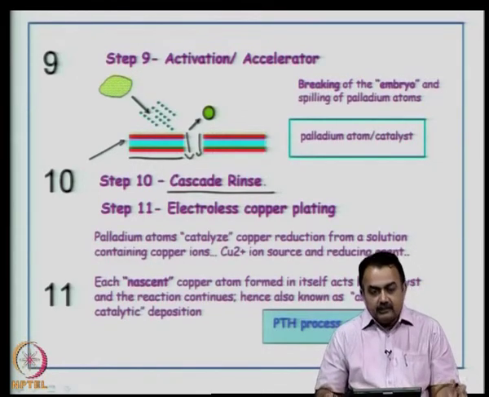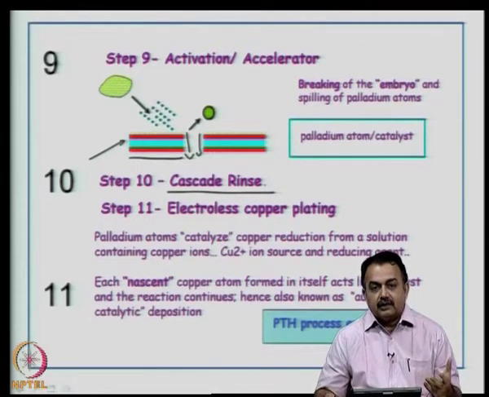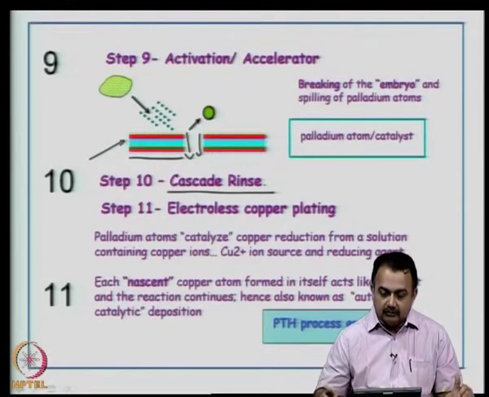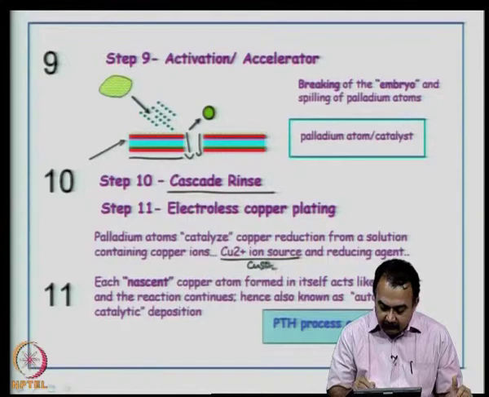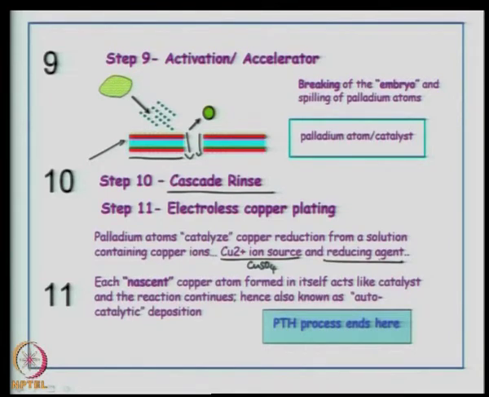Now, these palladium atoms will catalyze a copper reduction process from a solution containing copper 2+ ions like a copper sulphate solution. Then you have a reducing agent. A reducing agent will provide electrons, okay, typically something like hydrazine or sodium hypophosphite and so on.